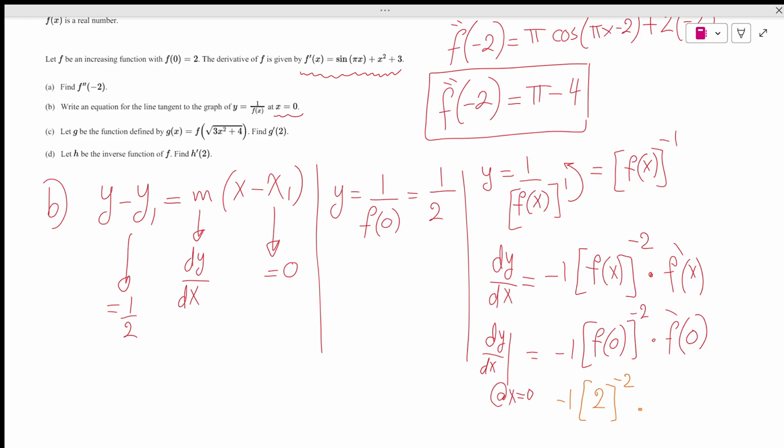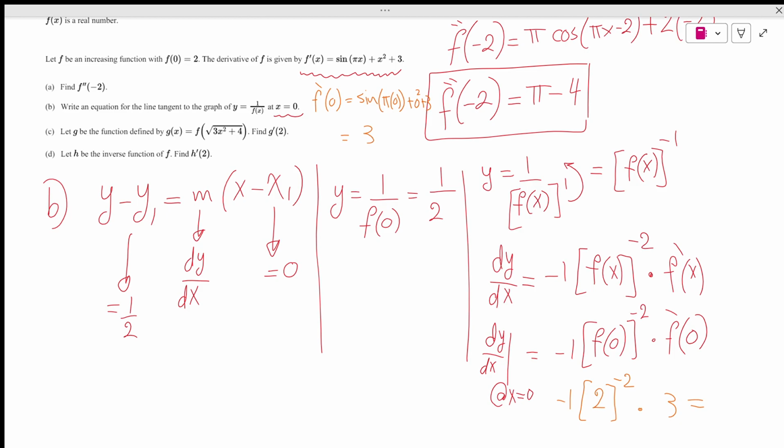So f prime of 0 will equal to sine pi times 0 plus 0 squared plus 3. So this is going to simplify to what? It's going to simplify to 3. So we will use that number here.